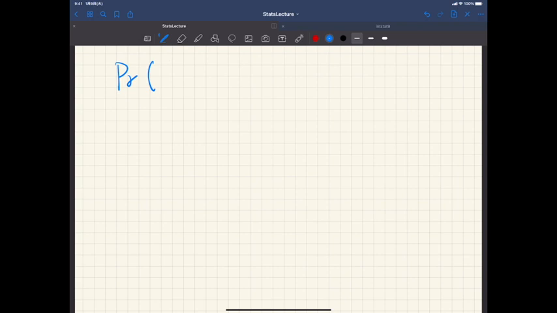So what we want to do is to calculate the probability that z takes some extreme values, where k is like 2 or 3.